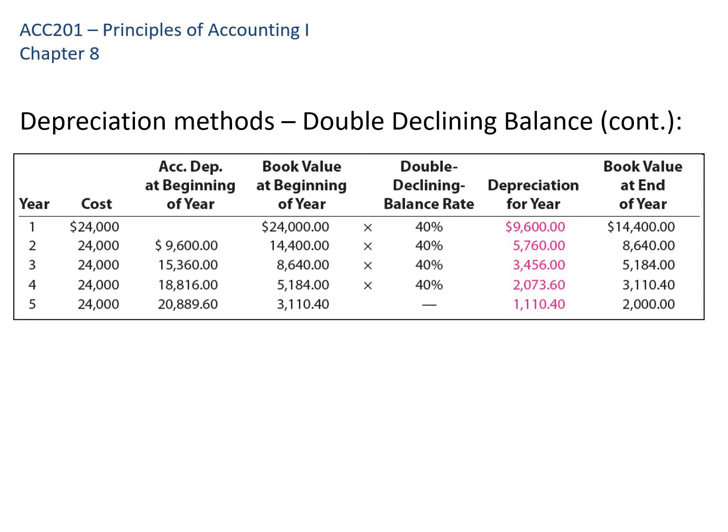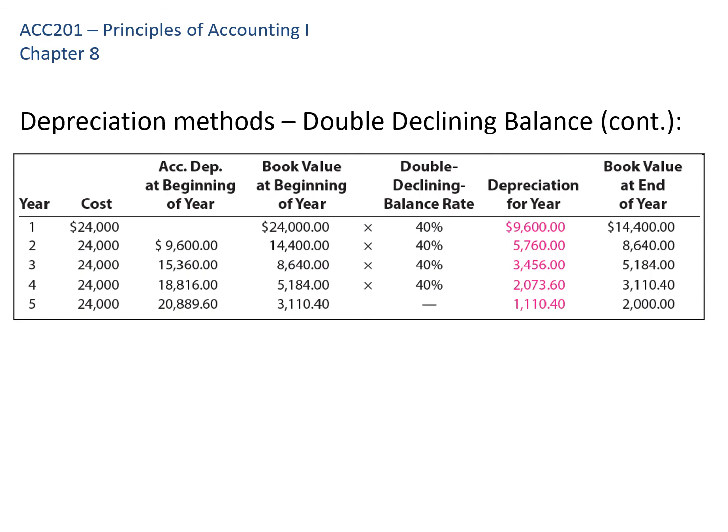The first year I take $9,600 of depreciation. So 24,000 minus 9,600 leaves me with a book value of 14,400 at the end of the year, which becomes my amount at the beginning of the next year, times 40%, so I record 5,760 of depreciation my second year. That drops my book value to 8,640, and so on.